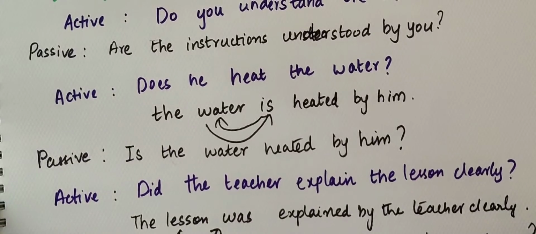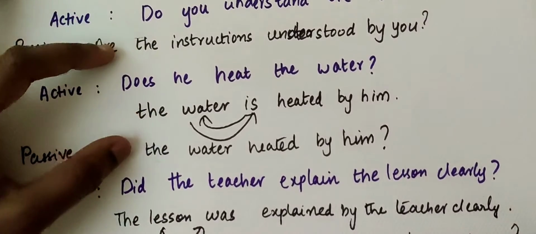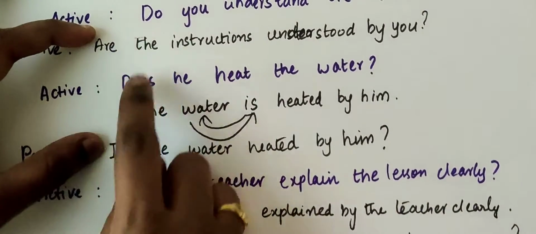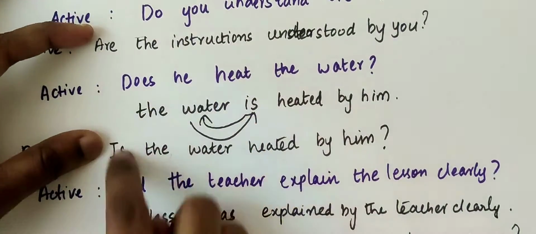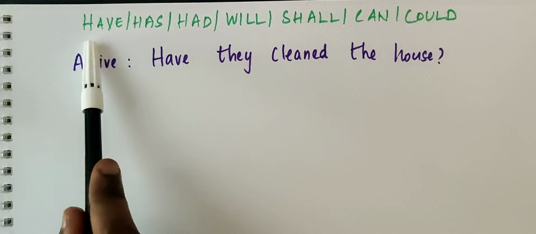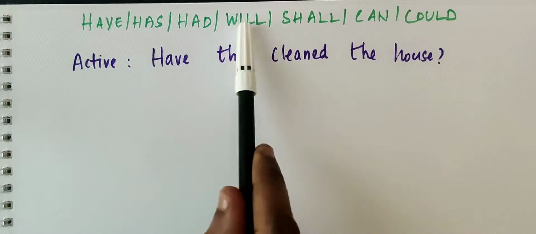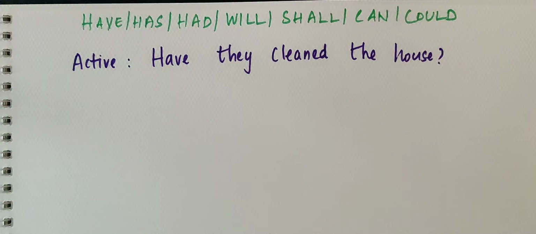So if you observe, for do, does, did, in the passive voice you will not have do, does, did. Instead you will have is, are, was, were. Next type of questions are the questions that start with have, has, had, will, shall, can, could and other modal verbs.